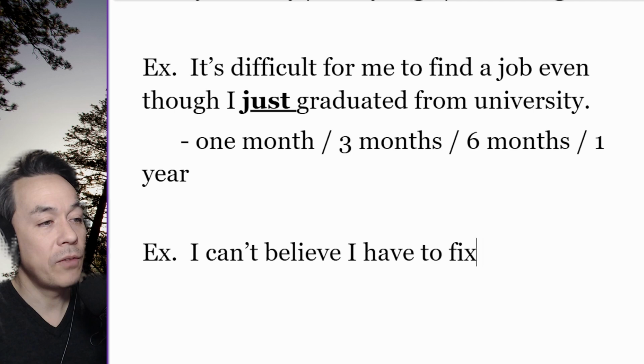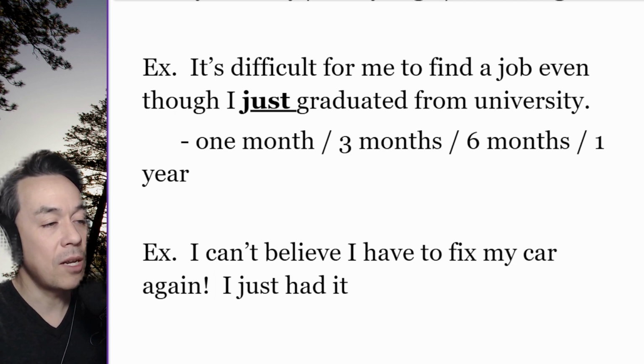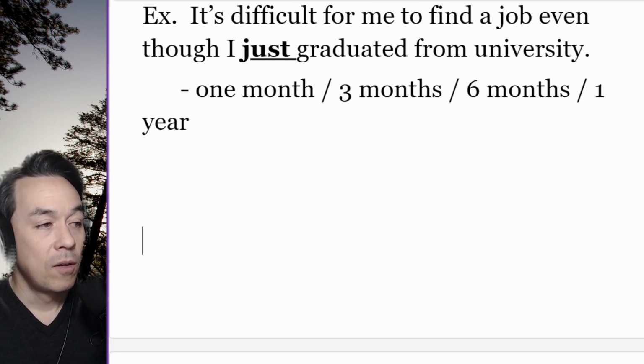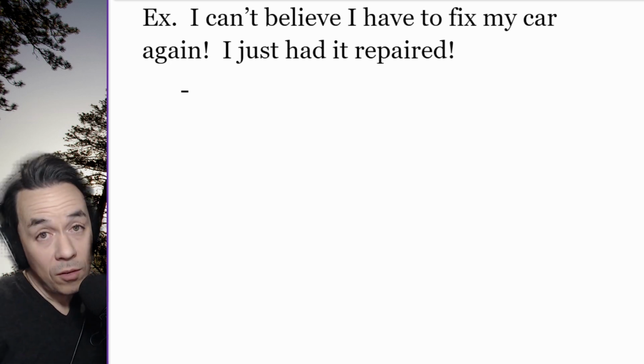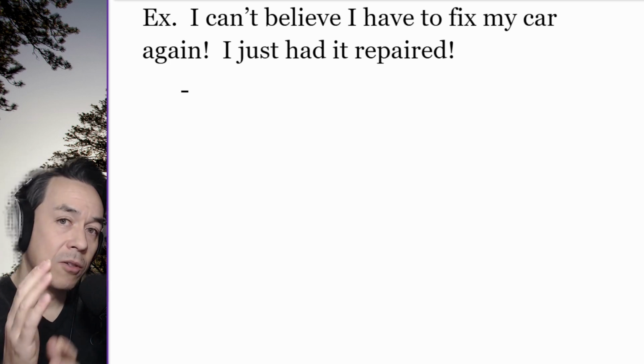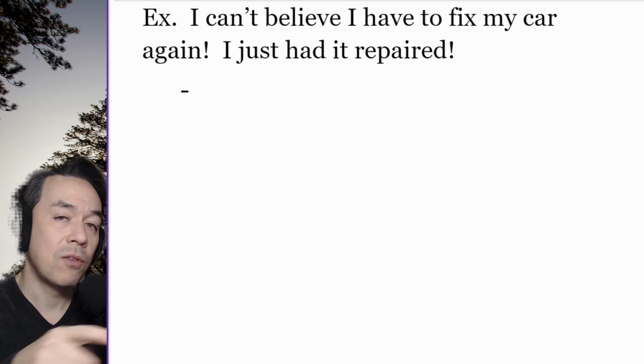I can't believe I have to fix my car again. I just had it fixed. I just had it repaired. Right? Now, so how long ago was the repair? When was that? What is the typical or usual timing of car repair?